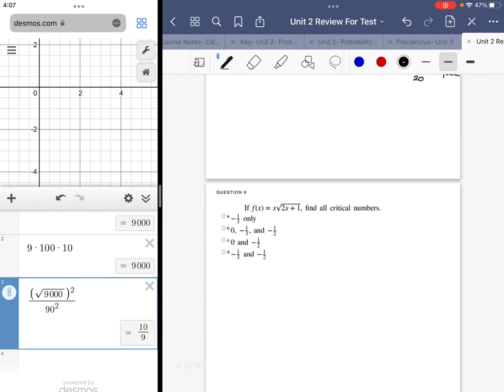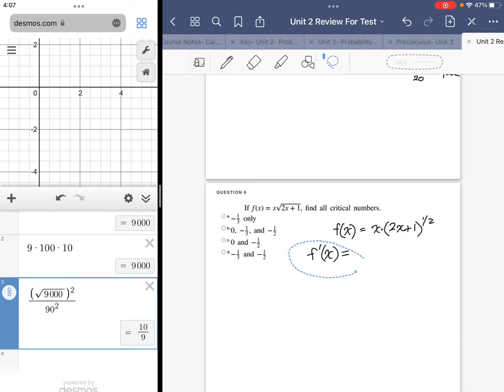Critical numbers. To find critical numbers, we take the derivative. I'm going to rewrite it. f of x is equal to x, parentheses 2x plus 1 to the 1/2. Take the derivative, and then set that derivative equal to 0 and 1 over 0. Now, this is the product between two functions. So I'm going to be looking at my first function, which is x, multiplied by the derivative of the second.